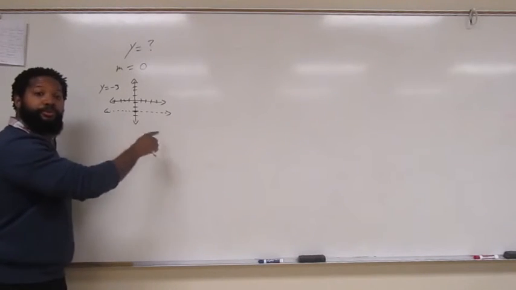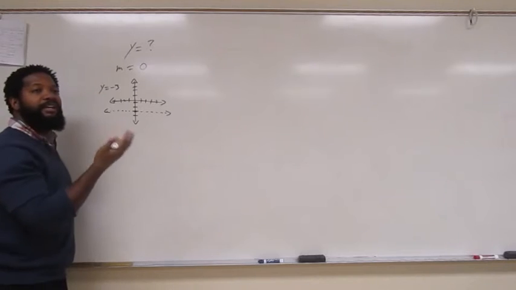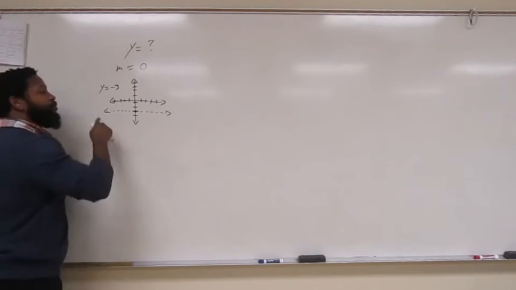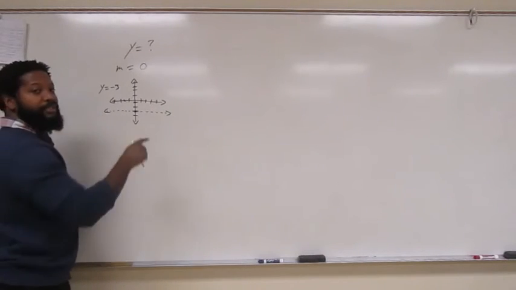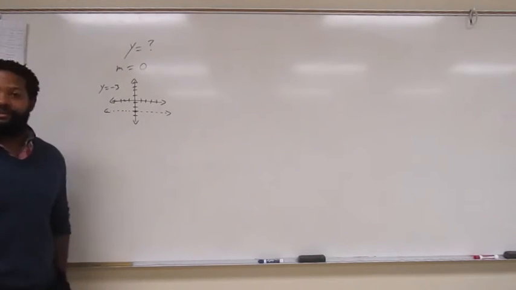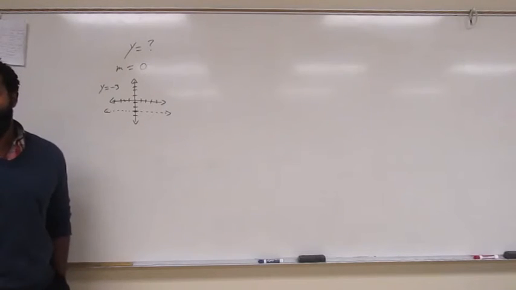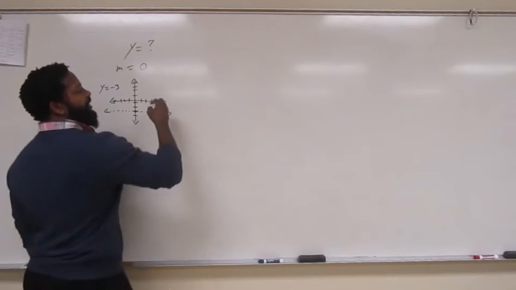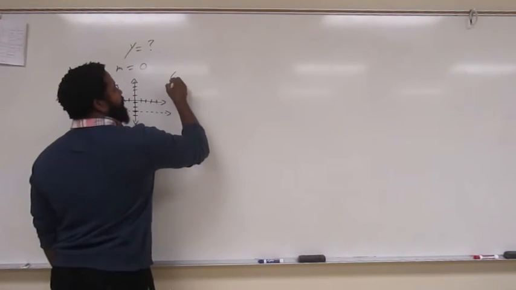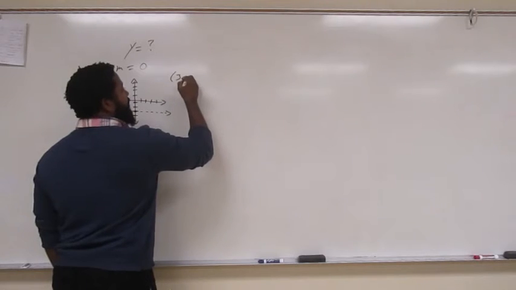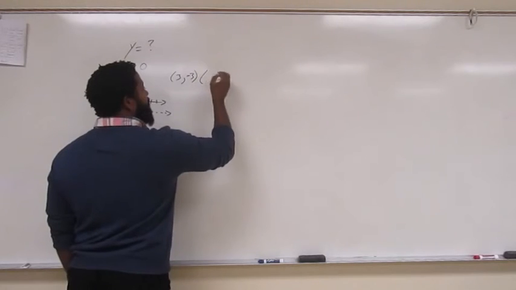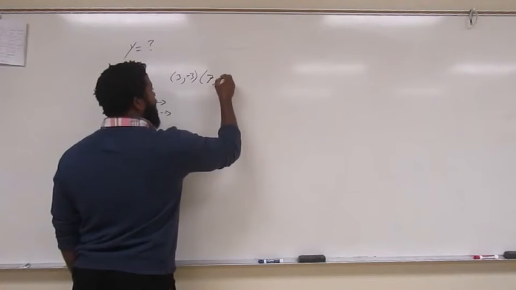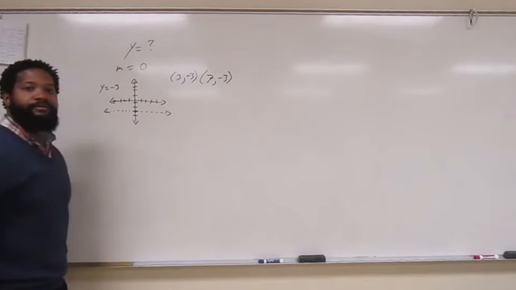It's rise over run, it's running left to right, which means you have a whole bunch of x's that are being subtracted from each other. I don't care what it is. Might be a formula like, I don't know, might be 3, -3, and, I don't know, 7, -3, okay?